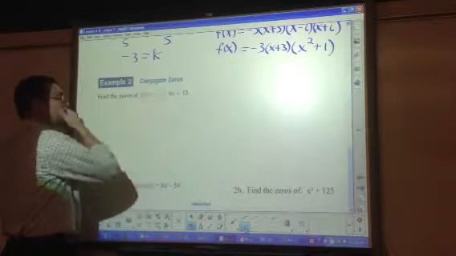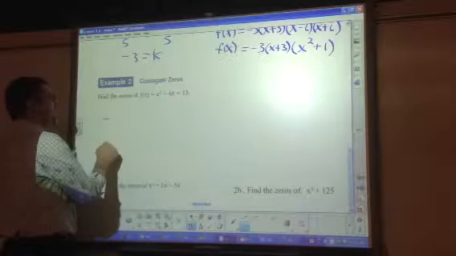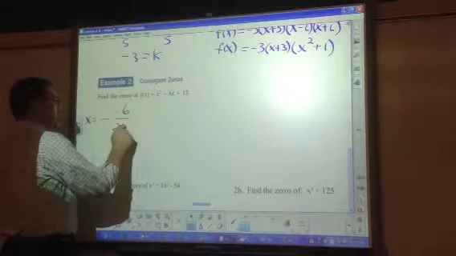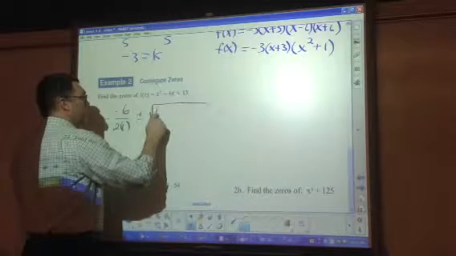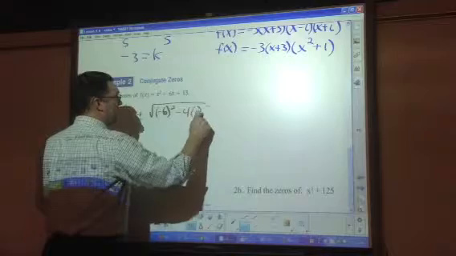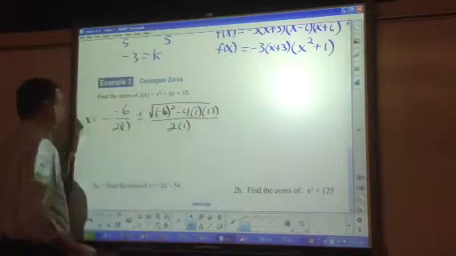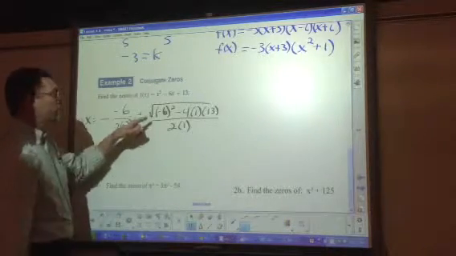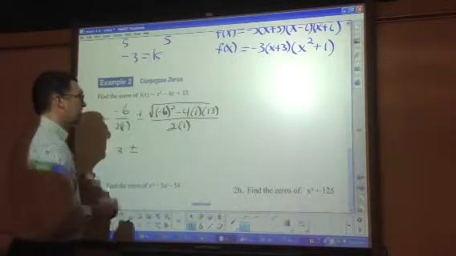So for x squared minus 6x plus 13, x equals negative b over 2a plus or minus the square root of b squared minus 4 times a times c, over 2a. So we get 6 plus or minus, let's see, in the numerator, I get 36 minus 4 times 13, which is 52.